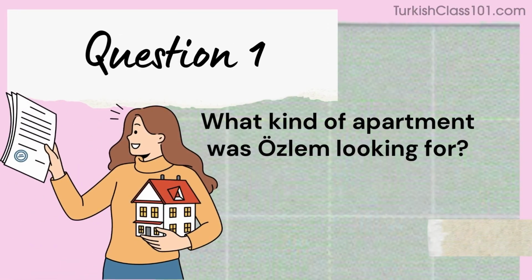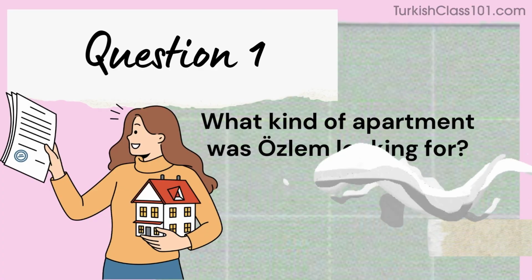Hey, welcome back. Okay, I hope you understand some things. Let's check your comprehension, okay? I will ask you two questions and then give you the answers, don't worry. First, what kind of apartment was Özlem looking for?